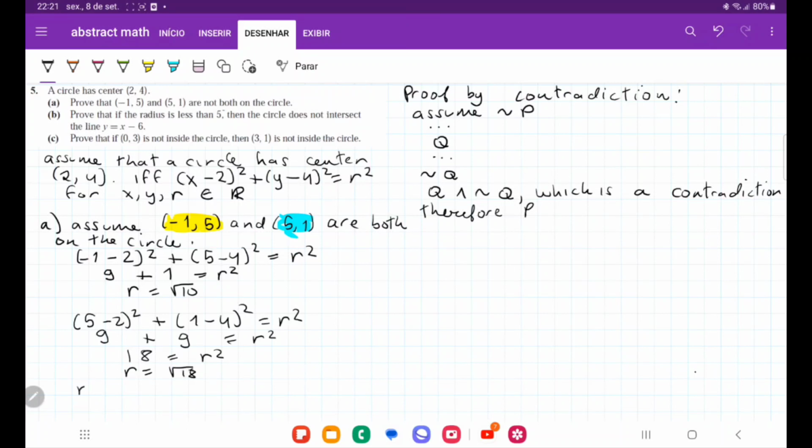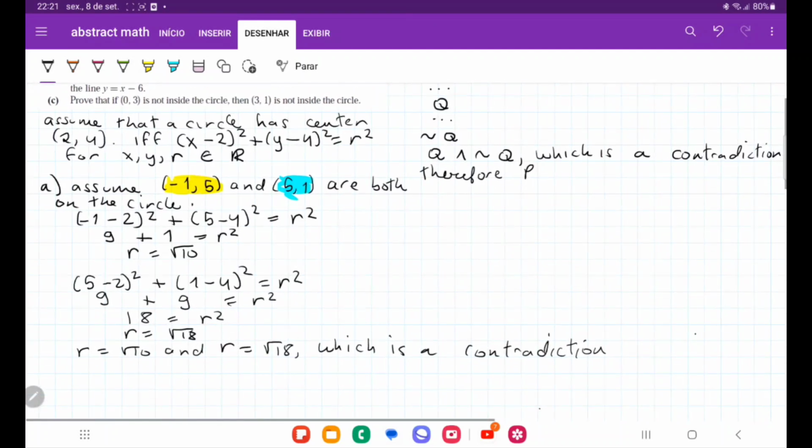So now I'm going to say, okay, r is root 10 and r is equal to root 18, which is a contradiction. And so we have shown that a contradiction has happened, and therefore our conclusion is that our assumption was wrong.